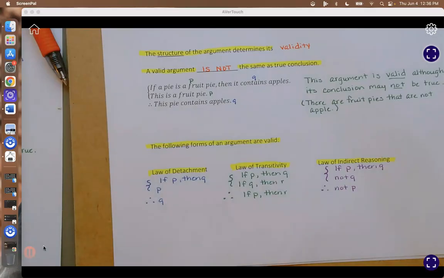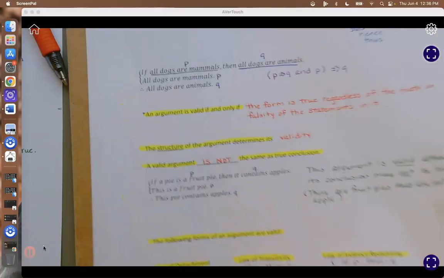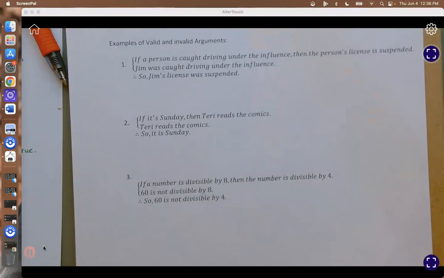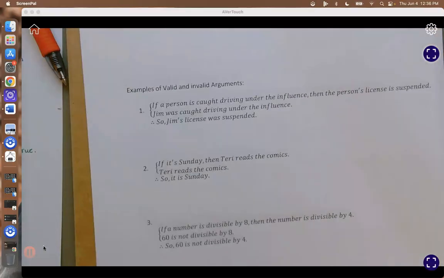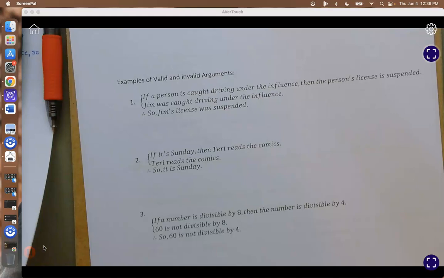So contrapositive is like indirect reasoning. Okay, so if they're in these forms, then it's a valid argument, regardless if it's true or not. So you just have to match your examples to those, and if those are right, then that makes it valid.